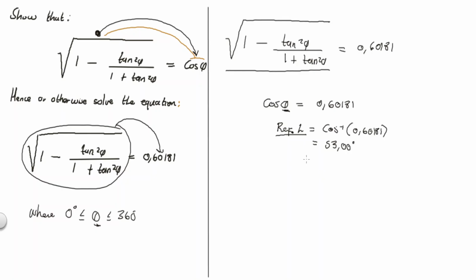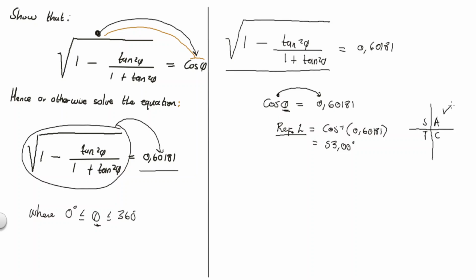Now, to get the solutions for this equation, you need to start asking yourself some questions. You see, cos is equal to a positive value. Applying the diagram, the CAST rule, you must ask yourself where cos is positive.